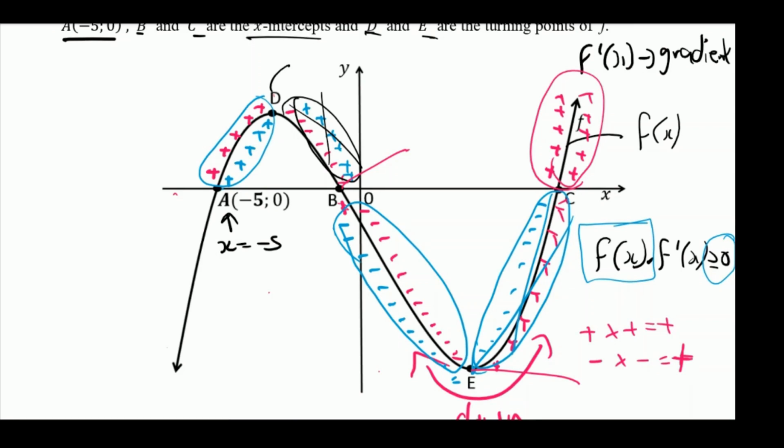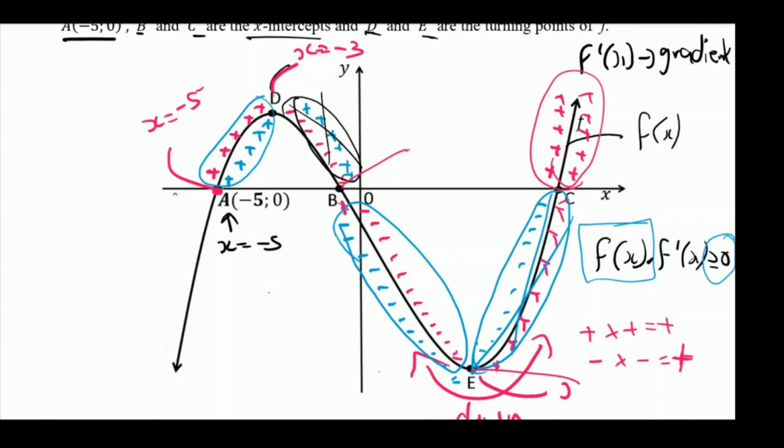So before we conclude our values of x, let's first find the x values at these points. So at A, x is equal to minus 5. At D, x is equal to minus 3.